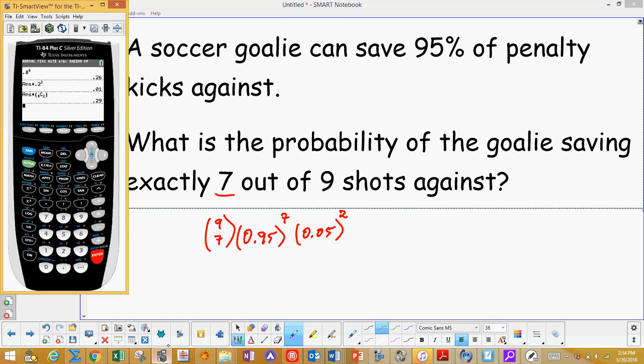So I'll pop that in my calculator: 9 nCr 7, times 0.95 to the 7th, times 0.05 to the 2nd.